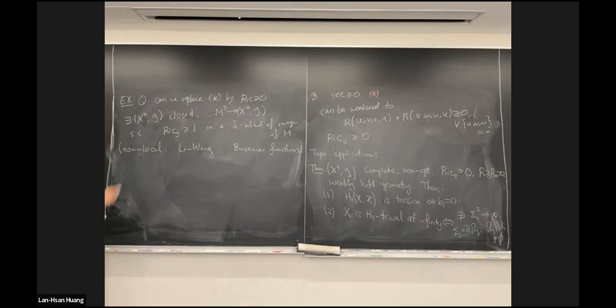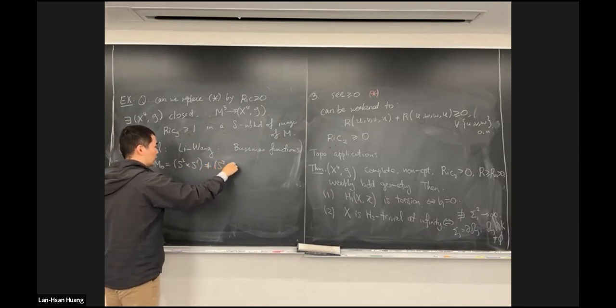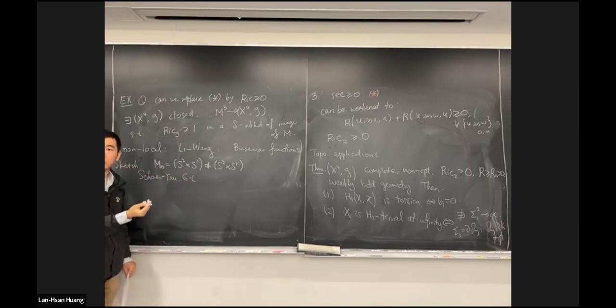Okay, so let's see this example. Let me write a sketch. What we will do is take M0 to be S2 cross S1 connected sum with S2 cross S1. Then Schoen-Yau, also Gromov-Lawson, said that on this manifold there exists a positive scalar curvature metric.